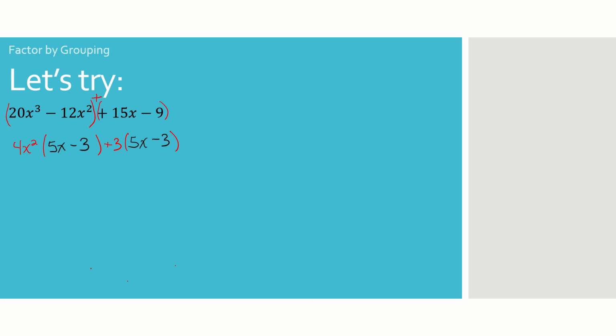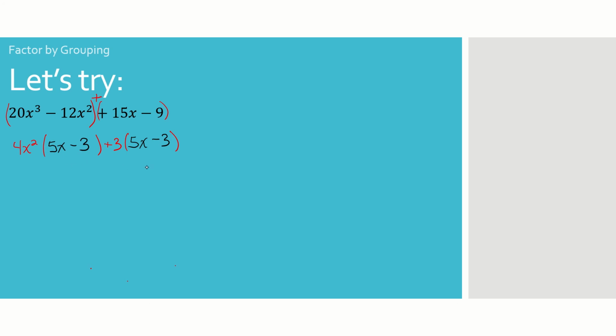So remember, the next step says if we did that correctly, the two binomials that are inside the parentheses should match. They should be exactly the same thing. And if you look here, 5x minus 3, 5x minus 3, they are.